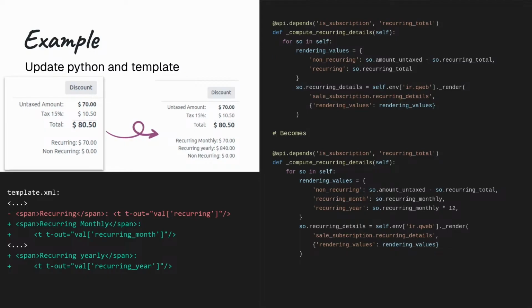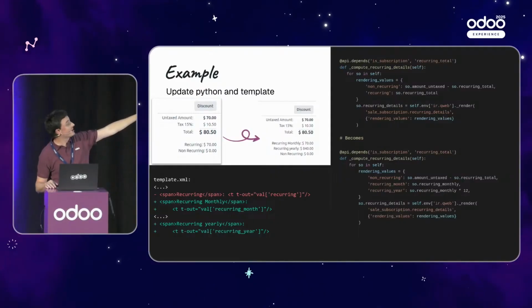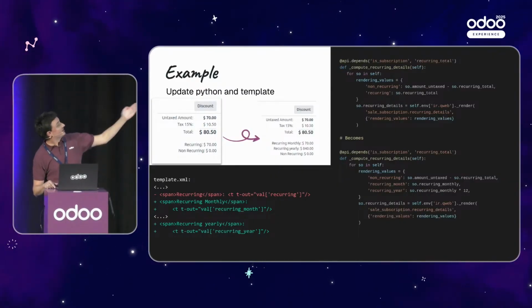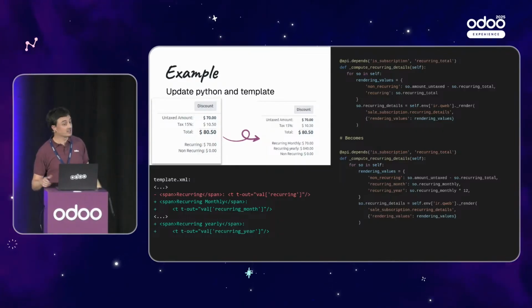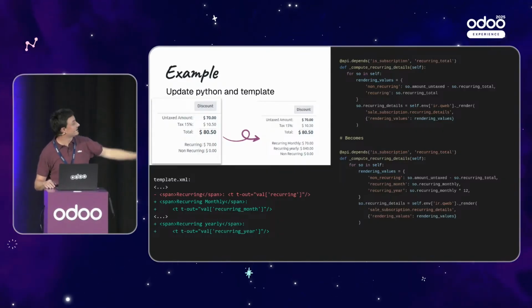That means that if you do that, Odoo will crash because you are not providing the recurring keyword anymore in the dictionary of rendering values. So if you try this at home, it will crash because the key recurring is not there anymore. You replaced it with recurring month and recurring year.